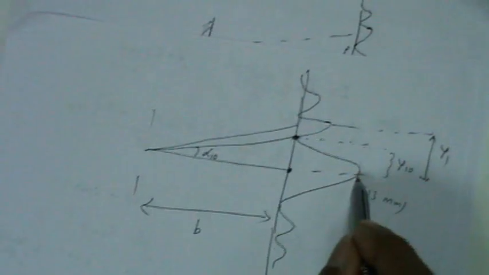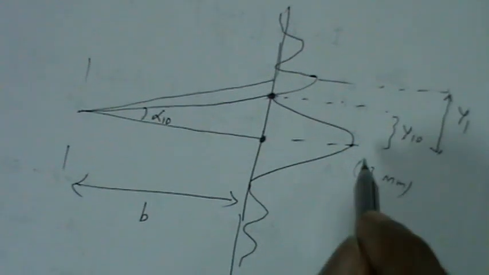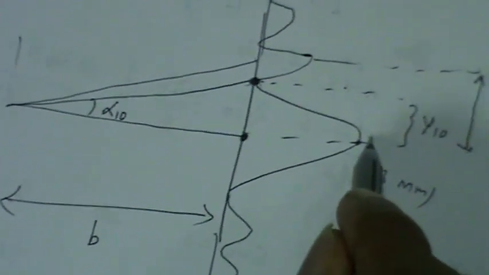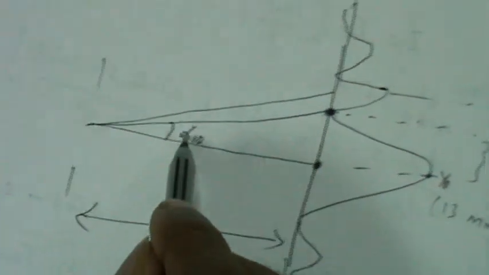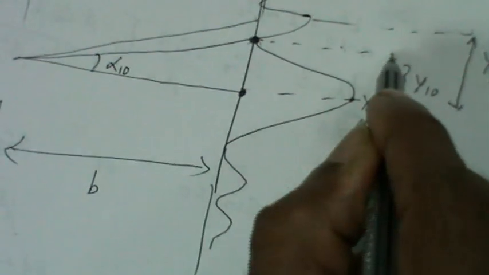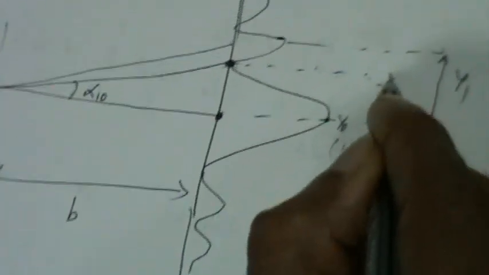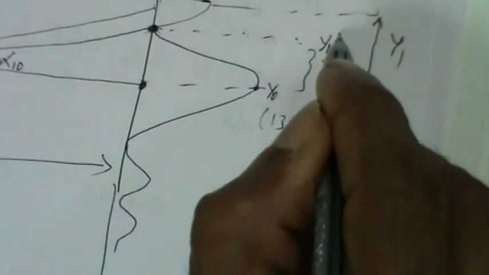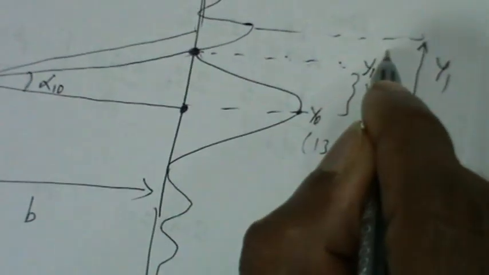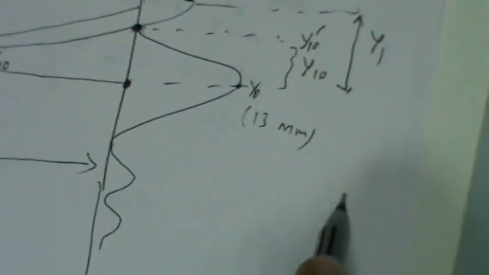Let us denote this point to be y0 and concentrate ourselves on the first minimum. The angle of deviation is alpha 10, and the first minimum occurs at y10 prime. Just I denote it.